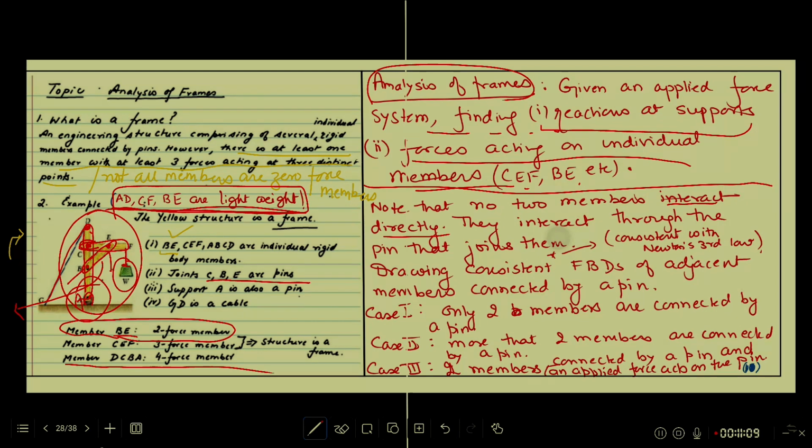In reality, it will happen, but we are doing an approximation here for analysis. And we are saying that no 2 members interact with each other directly. They interact through the pin that joins them. So member CEF will interact with this pin here.